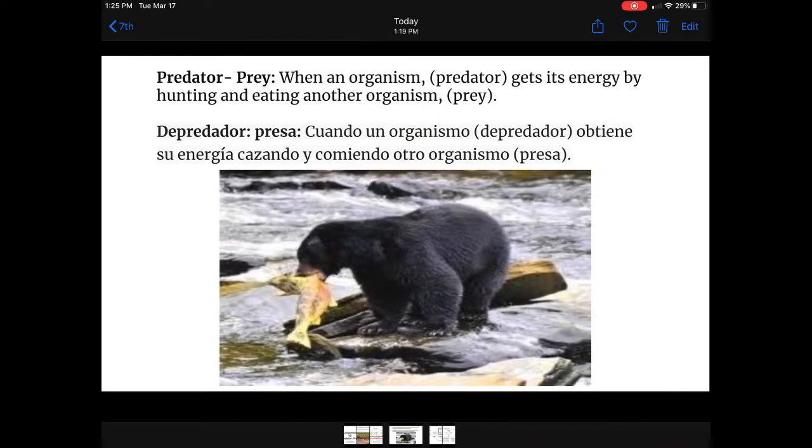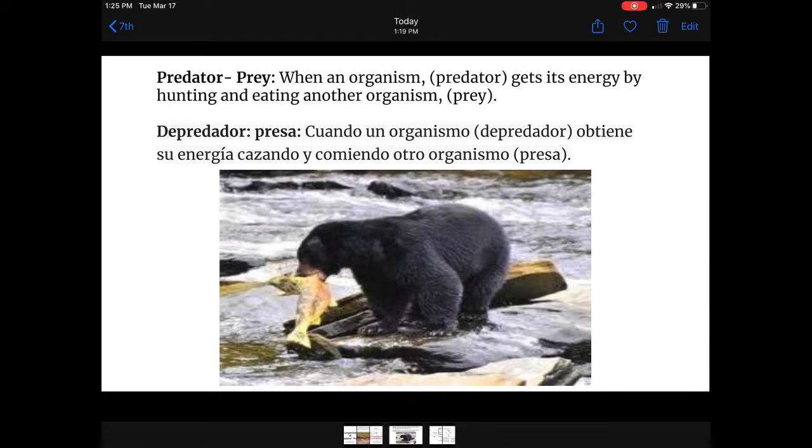Next, we have predator-prey relationships. Now, this is something that y'all are familiar with. A predator is an organism that gets its energy by hunting and eating another organism, which is the prey. Typically, predator-prey relationships are one animal eating another animal. If it was an animal eating a plant, that would be a consumer.